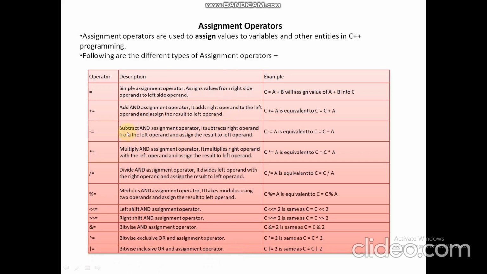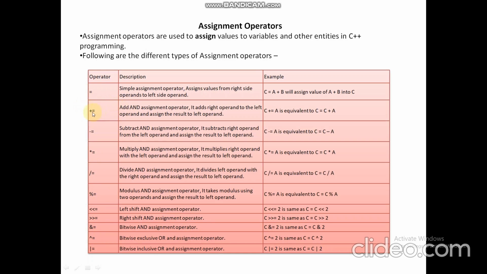Assignment operators are used to assign values to variables and other entities in C++ programming. The values are operated from left to right.